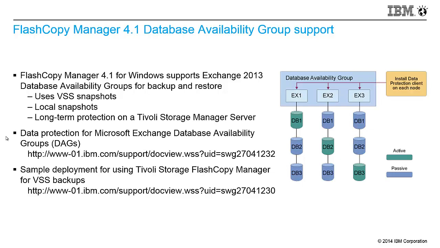So what FlashCopy Manager allows you to do is take additional local VSS snapshots, either hardware supported or software supported, and store them on the local system or on the Tivoli Storage Manager server for long-term data protection.